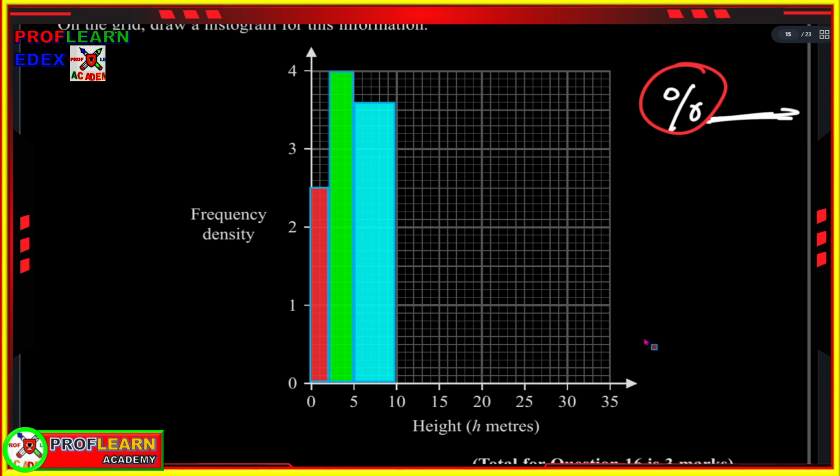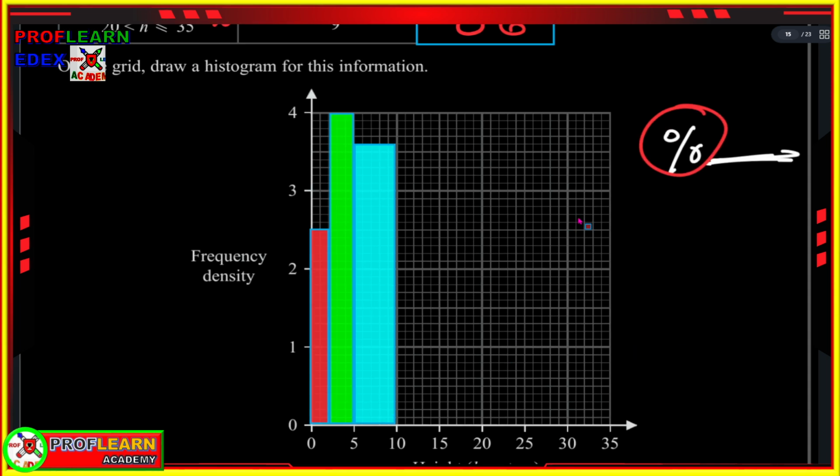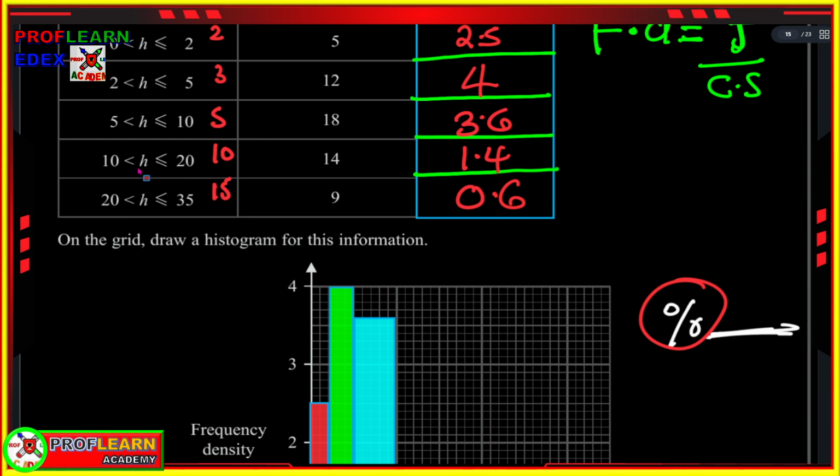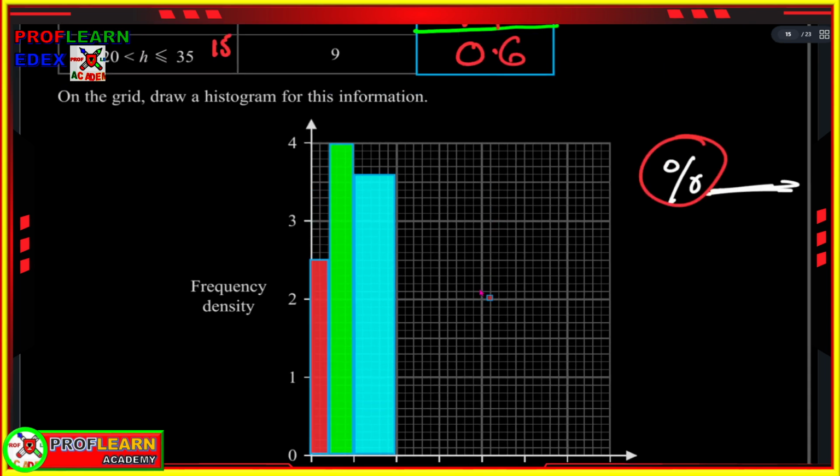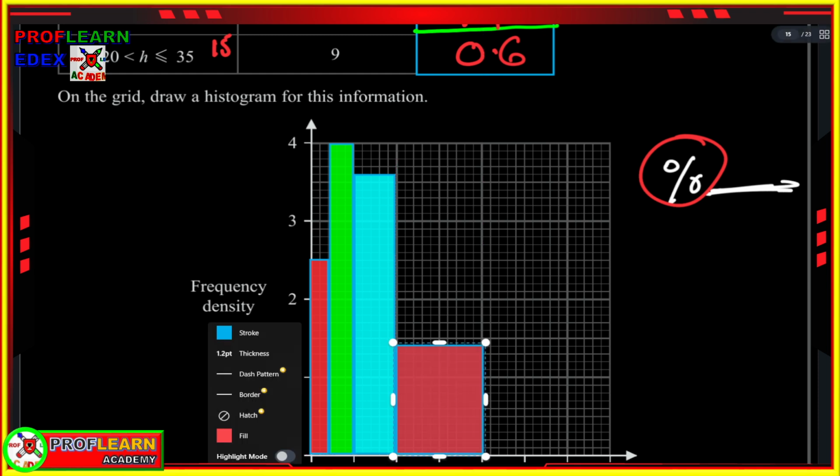And then we have another one, 10 to 20, which is 1.4. 1.5 is here, 1.4 will be at this point. Yeah, so we shall have that one there.